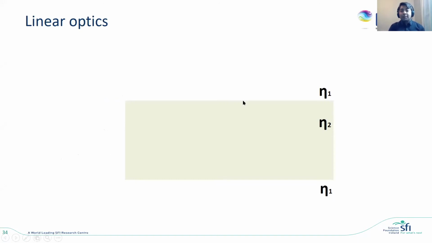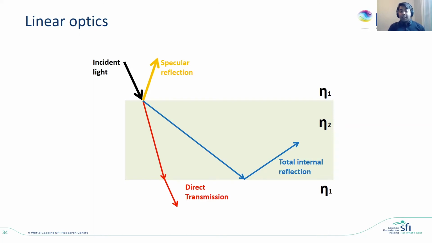You may remember your linear optics course where you have a medium with refractive index n2, surrounded by a medium with refractive index n1. In this case, the incident light may have some specular reflection at the first surface.